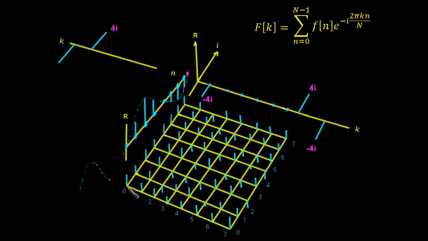Previously, when we looked at this surface in terms of the Fourier transform, it was a continuous surface in both frequency and time, and then when we looked at it in terms of the discrete time Fourier transform, it was discrete in time, so it was discrete in this direction, but continuous in the frequency direction.